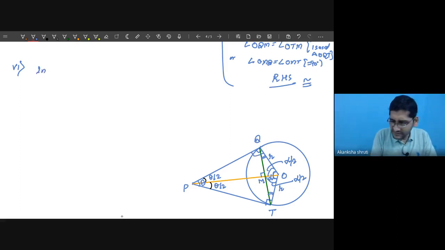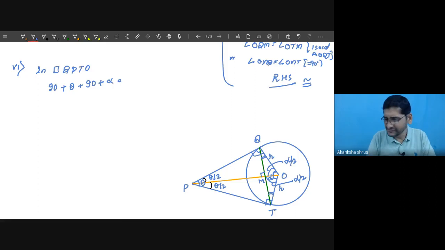So in quadrilateral QPTO, we can start from the point Q. The angle at Q is 90 degrees because the tangent is perpendicular to the radius. The angle between the two tangents is theta, and at point T, again the angle is 90 degrees because the tangent is perpendicular to the radius, and at the center the angle is alpha.